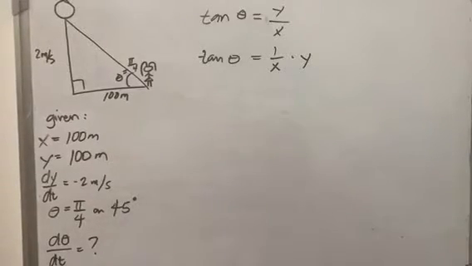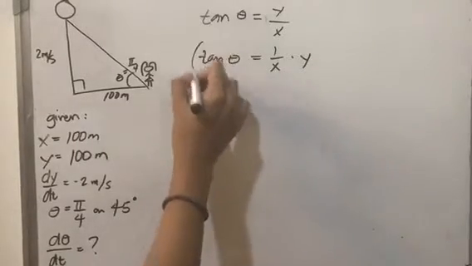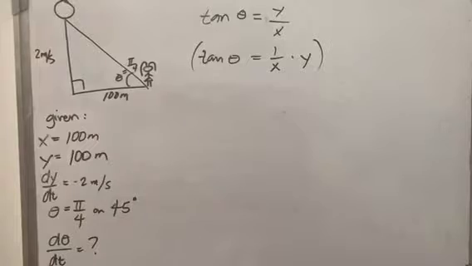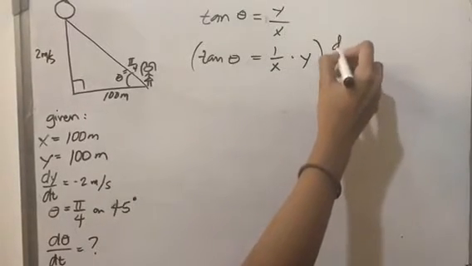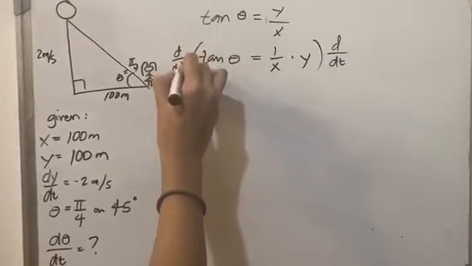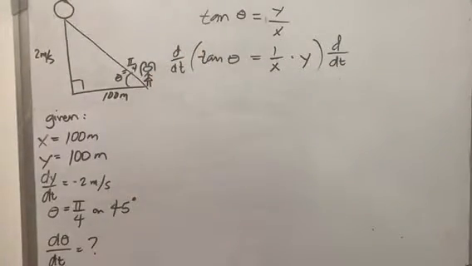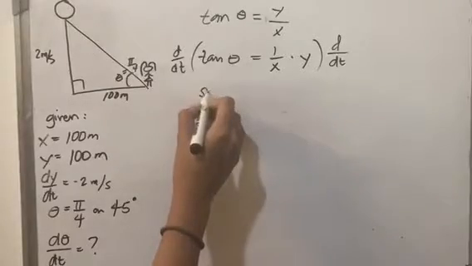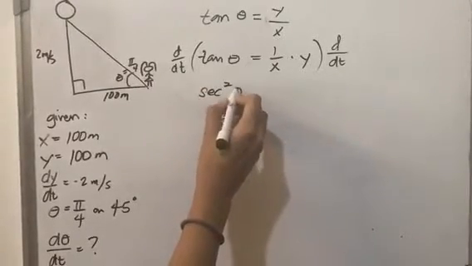Now that we've separated the constant and the variable, we can proceed and apply implicit differentiation. In this case, we have to differentiate with respect to time, so that would be d over dt on both sides. The derivative of tangent theta, according to the rules of derivatives of trigonometric functions, is secant squared theta.